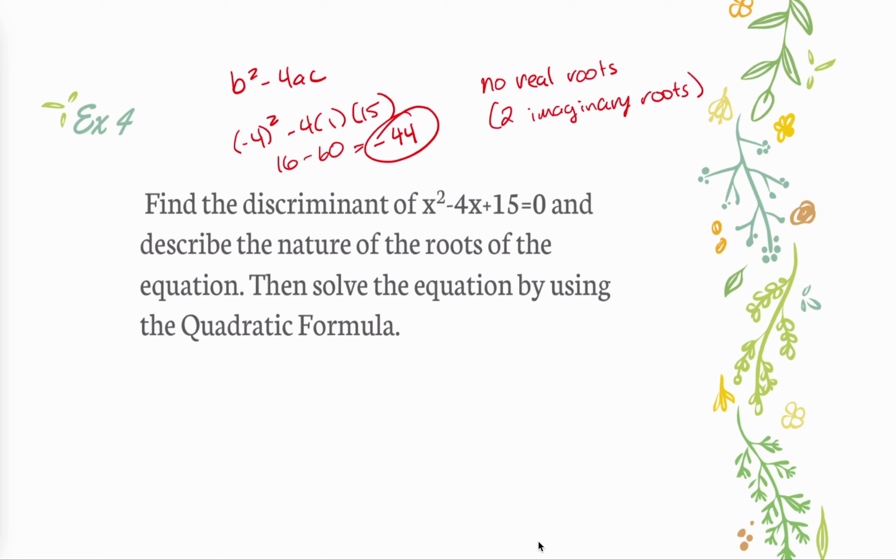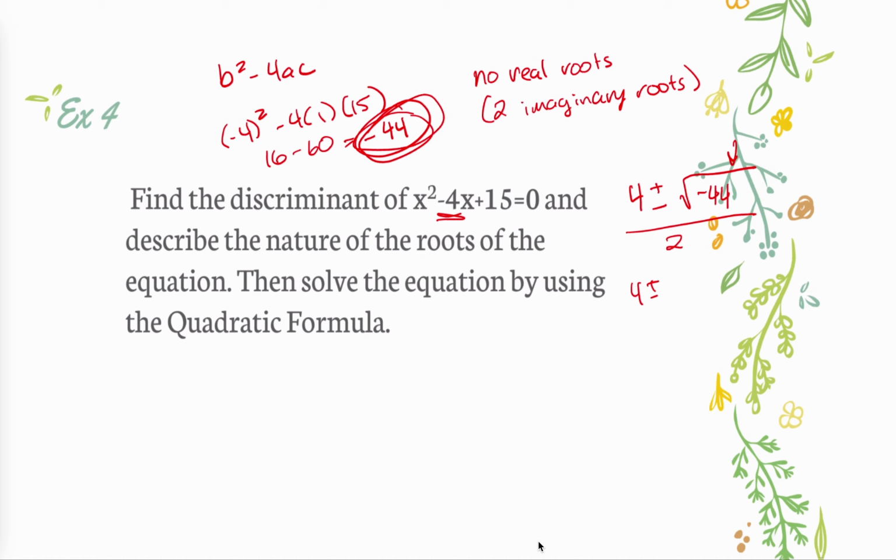So when we do our quadratic formula, negative b, so negative 4 is a positive 4, plus or minus the square root. We already did the b squared minus 4ac part, so I can go ahead and stick that in there, all over 2a. A is just 1. So 4 plus or minus the square root of negative 44.